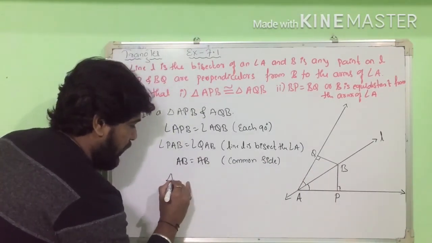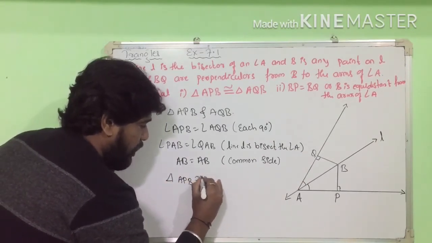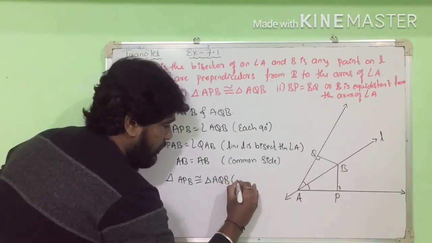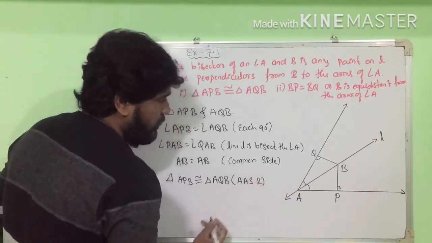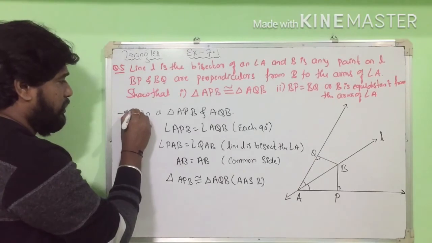So now the triangle APB is congruent to the triangle AQB by the angle side rule, right? So these two triangles are congruent to each other. The first one is finished.